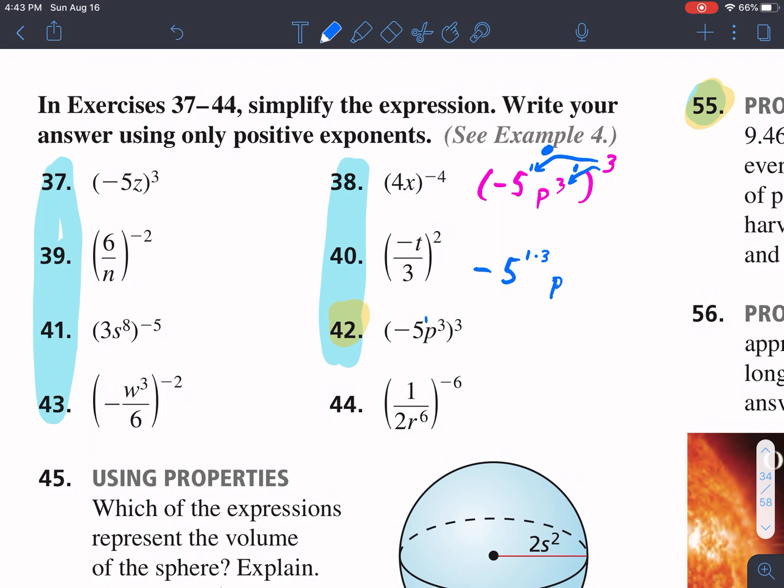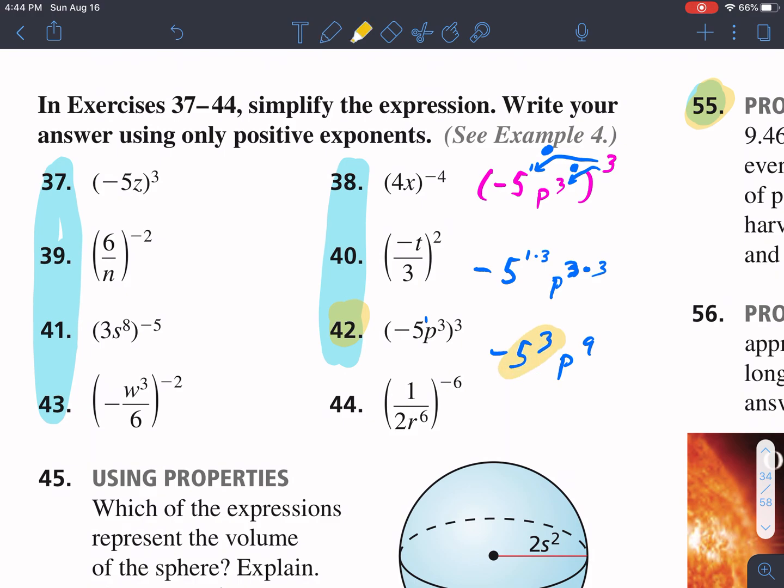And then p to the 3, 3 times 3 power. I don't like how that 3 came out. I'm sorry, you guys. There you go. That's better. Sorry for the writing. Now, 1 times 3 gets you, obviously, 3. And then 3 times 3, this is going to be p to the 9th. Okay, so far so good, right?